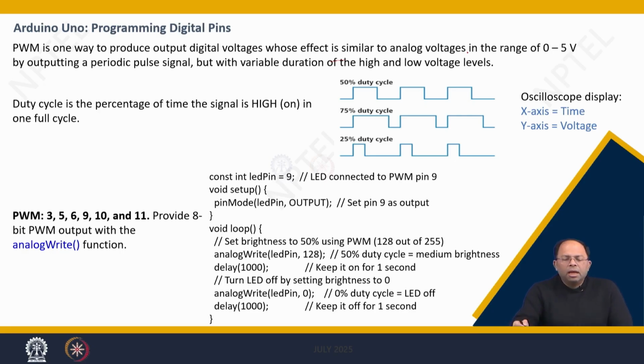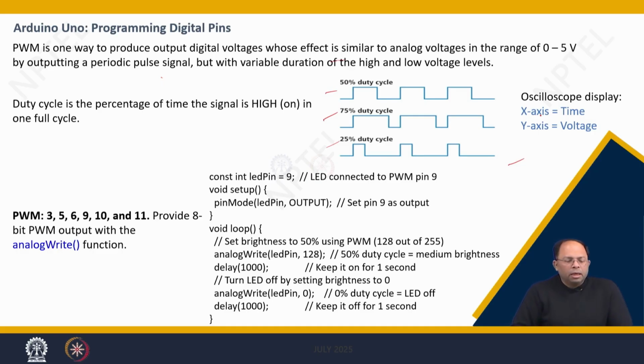So instead of saying just high or low, I can give a periodic pulse signal, and for a certain time I can send zeros, and that governs what the voltage level should be which we are trying to push, right? This concept we have already explained earlier. This is the concept of duty cycle. It is the percentage of time the signal is turned high within a full cycle, of course, and we can have 25%, 78%, 50% duty cycles, and this is how that signal looks in an oscilloscope, right?